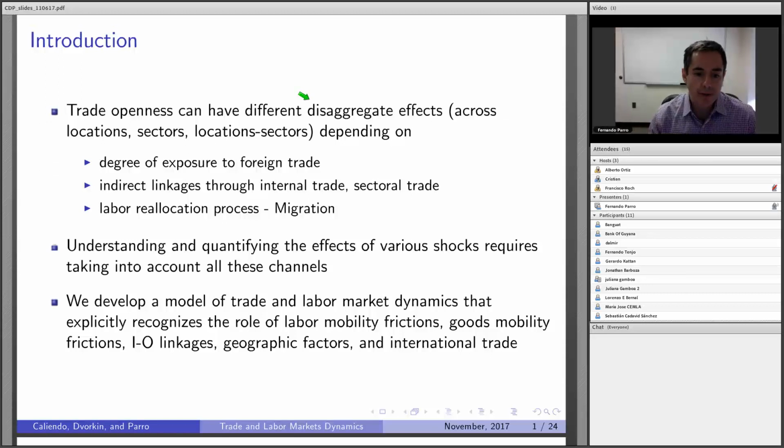Second, even when a sector or a region is not directly exposed to foreign trade, firms purchase intermediate goods from other industries and other locations that can be exposed to foreign trade. And therefore, through these indirect linkages, not only international trade, but also internal trade and sectoral trade shape the effects of an increase in import competition on US labor markets.